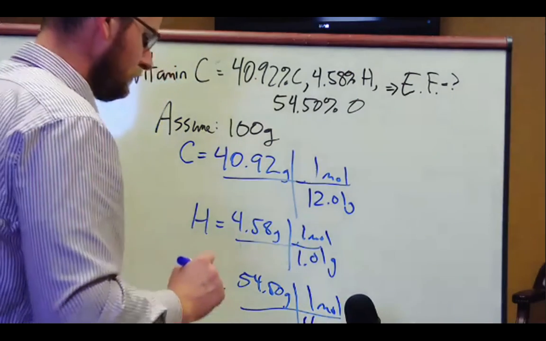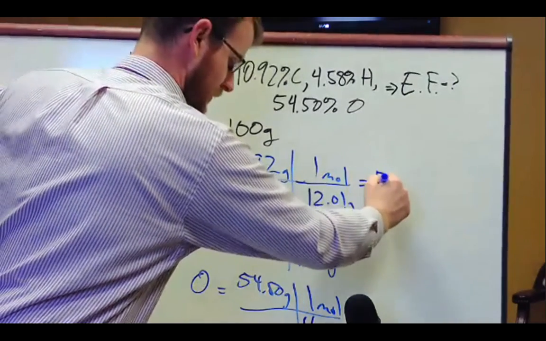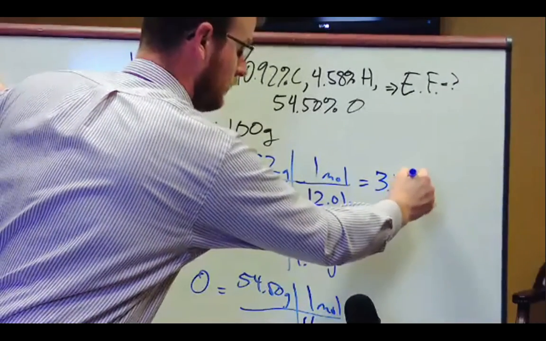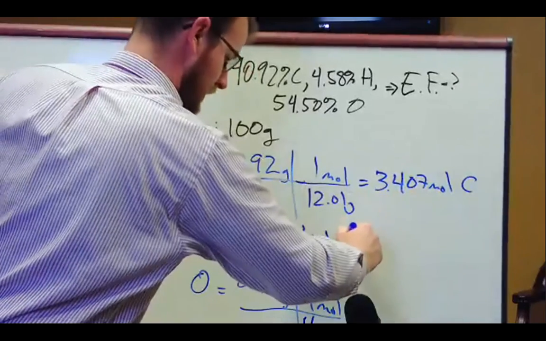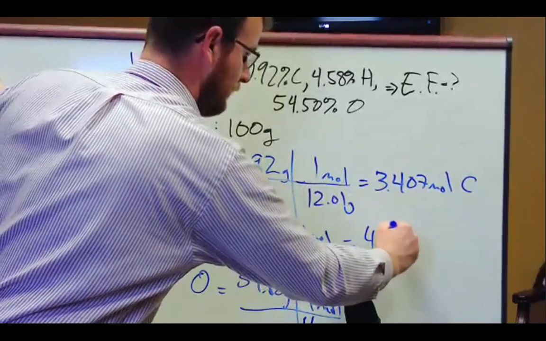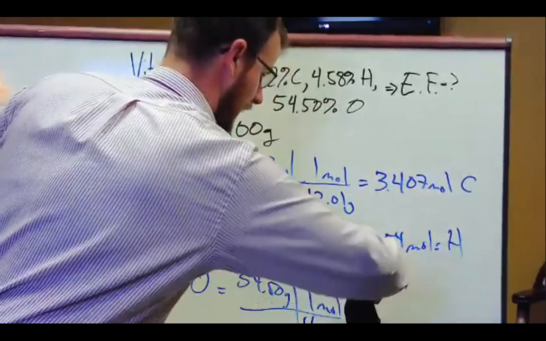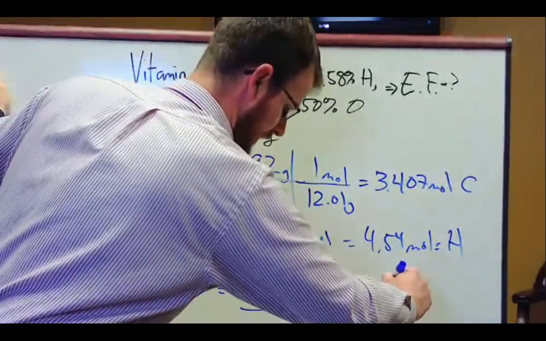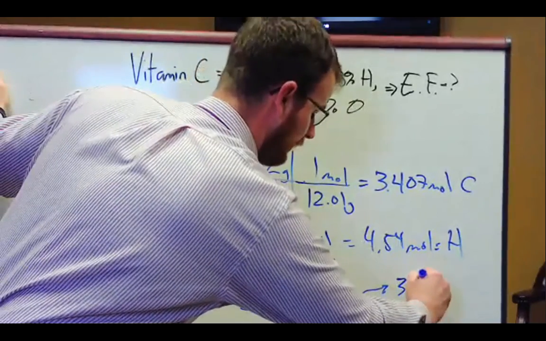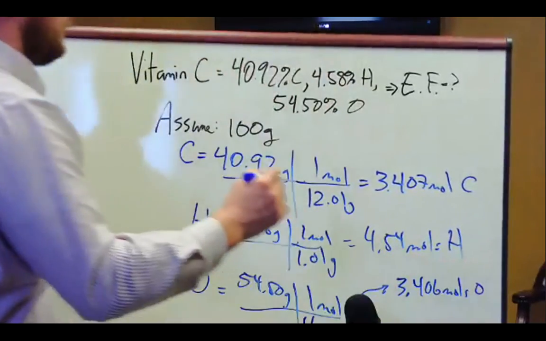So let's go ahead and see this. For the carbon, we do that, we get 3.407 moles. Again, remember, round at the end. Hydrogen is going to be 4.54 moles of hydrogen. And then oxygen is going to be 3.406 moles of oxygen.